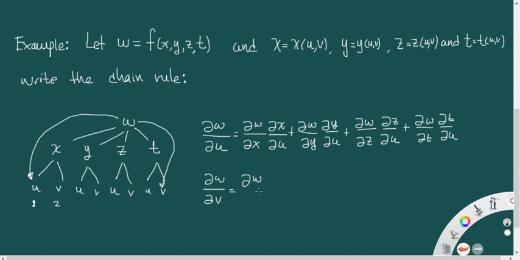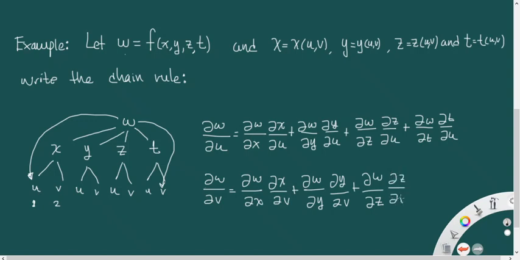And it's going to be equal to the partial derivative of w with respect to x times the partial derivative of x with respect to v, plus the partial derivative of w with respect to y times the partial derivative of y with respect to v, plus the partial derivative of w with respect to z times the partial derivative of z with respect to v, plus the partial derivative of w with respect to t times the partial derivative of t with respect to v.